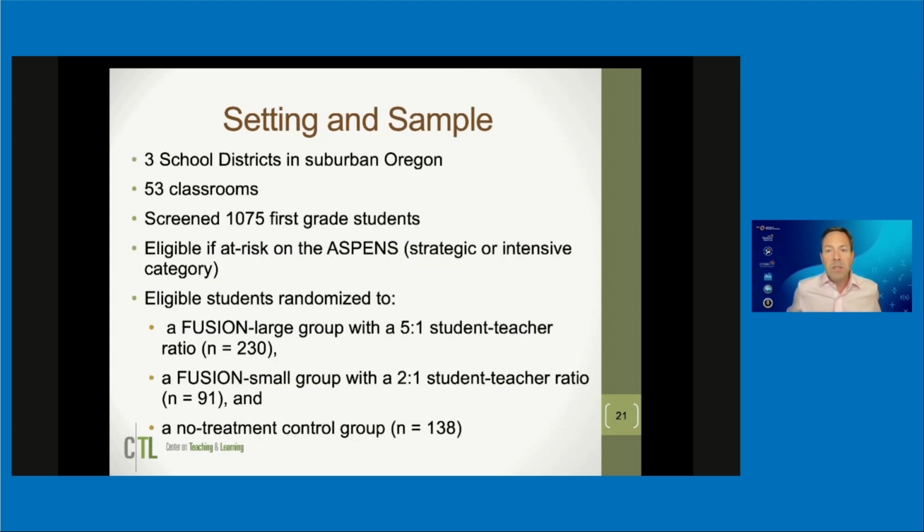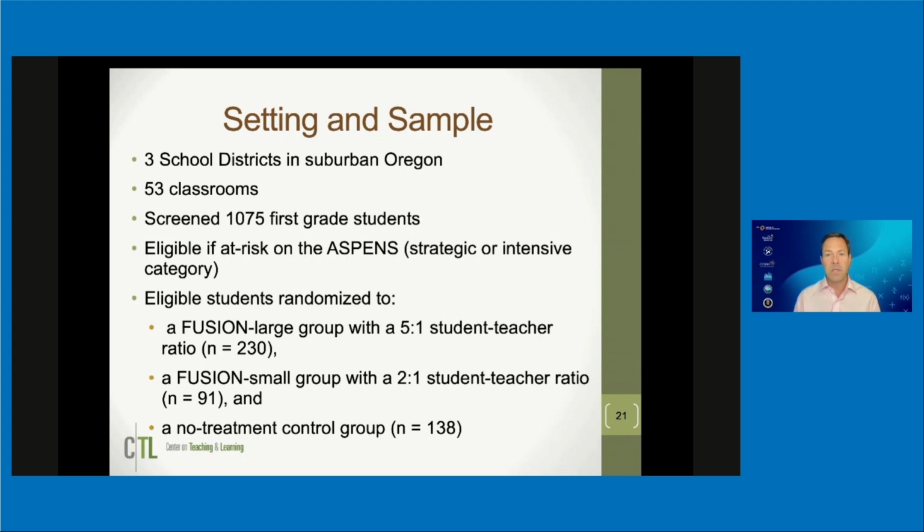So our first 2 years of the project, we were in 3 school districts in suburban Oregon. In years 3 and 4, we were in urban settings in Boston, Massachusetts, and then Portland, Oregon. But for the first 2 years, we were again in suburban Oregon, and we were working in 53 classrooms. Across those 53 classrooms, we screened a little bit over 1,000 students, and we screened them on an early numeracy CBM called ASPENS.